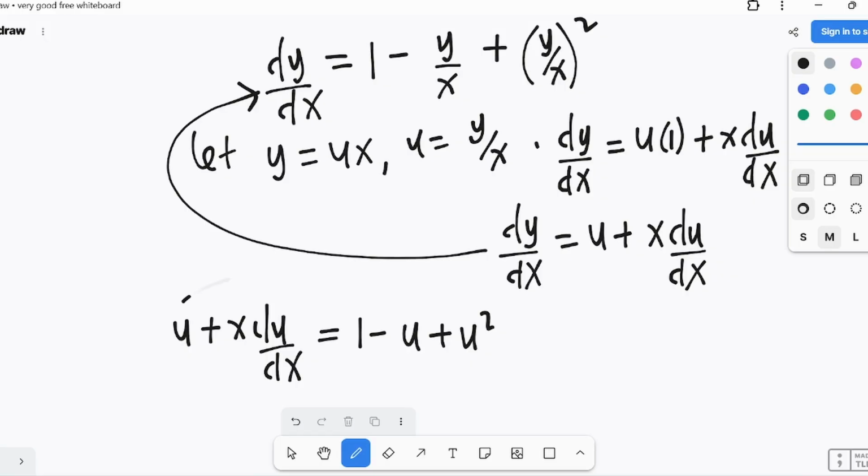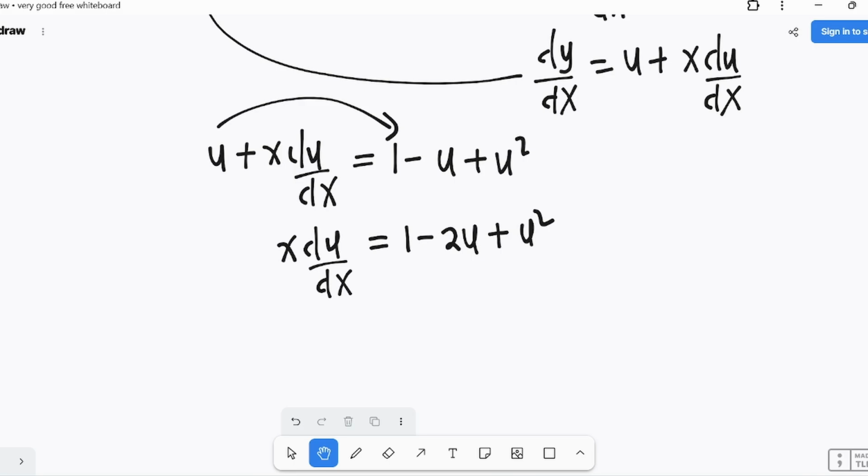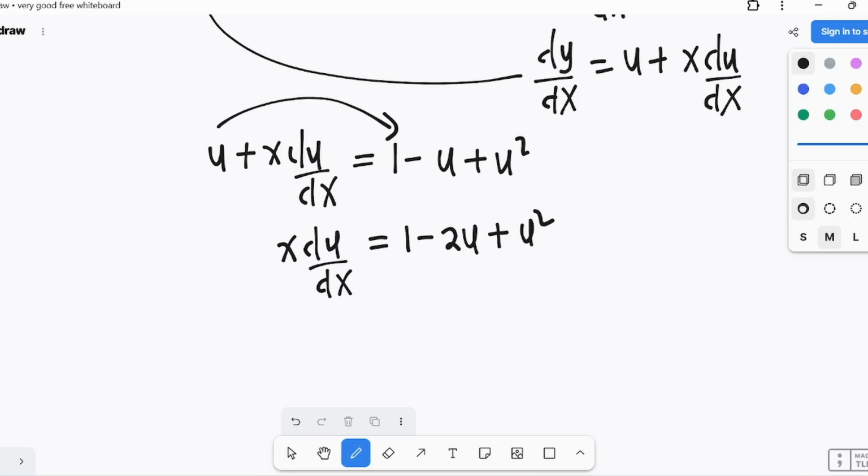So collecting like terms, this u goes this side, so we end up having x du dx is equal to 1 minus 2u plus u square. Doing some rearrangement here, we can have x du dx is actually equal to u square minus 2u plus 1.